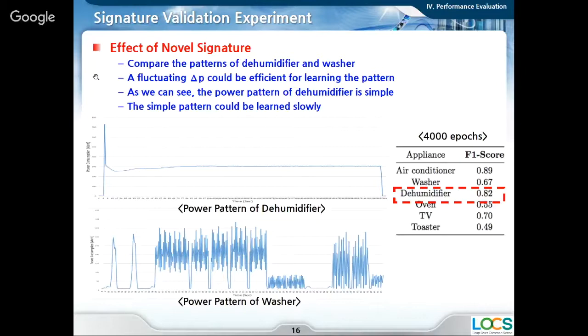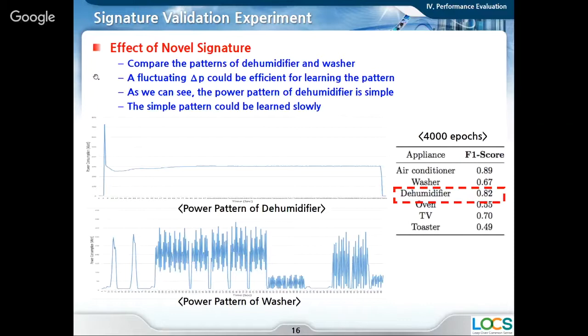So for comparison, we looked into the pattern of the dehumidifier and washer, and we can find that the pattern of the washer is fluctuating, but the dehumidifier is very simple.